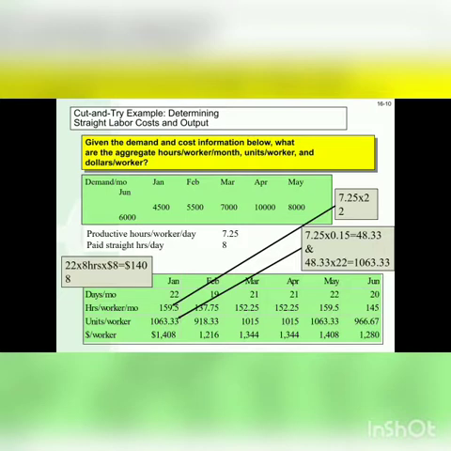So it gives you $1408 for the month of January. So the total expense for the month of January for production of this quantity will be 1408. Similarly, we can calculate it for February, March and April.